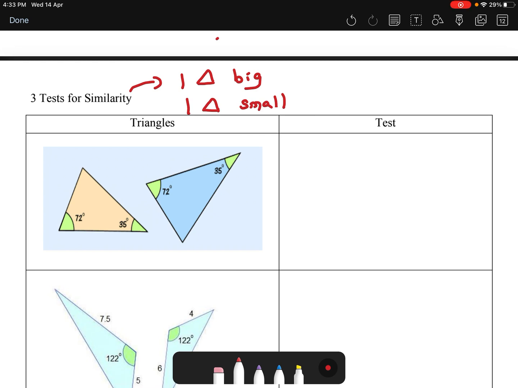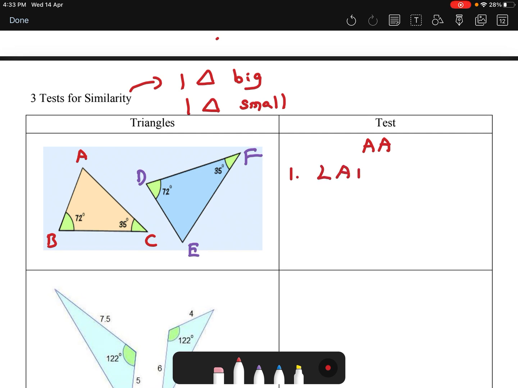For similarity, there are only three tests. The first test is our AA, angle. You notice that we only need two angles to prove two triangles to be similar. Let me write down the vertices. A, B, C, D, E, F. The first is our 72 degree, right?